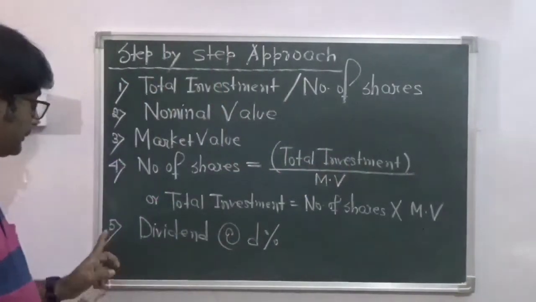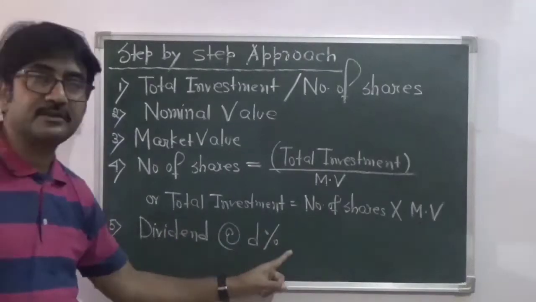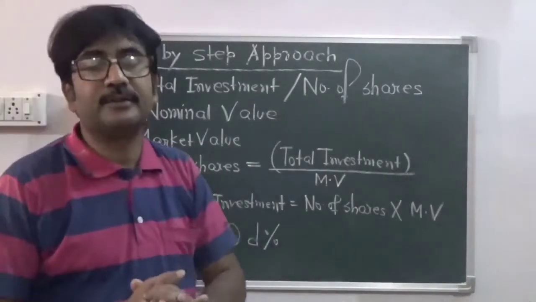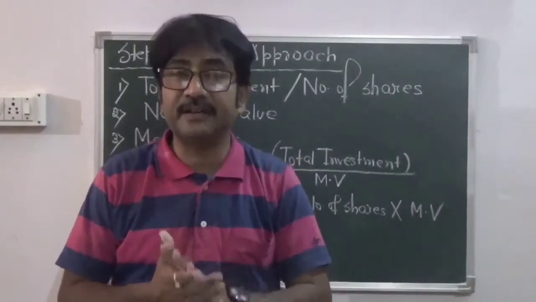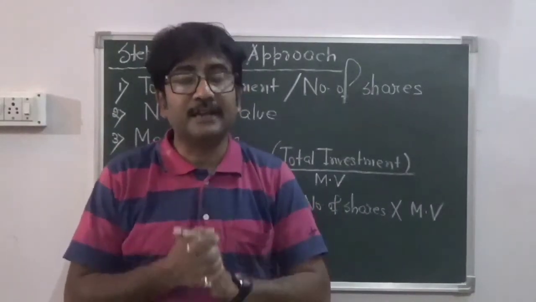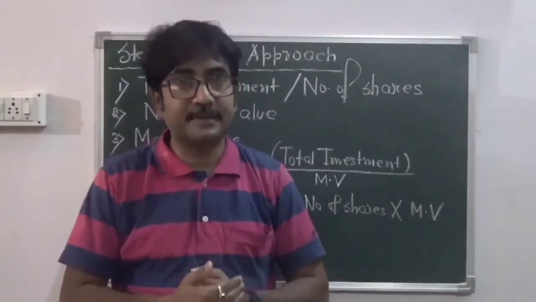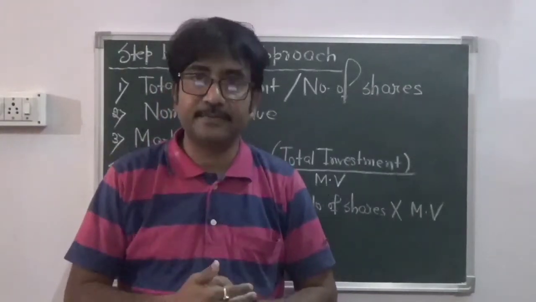Then we come to the fifth part, that is a dividend at the rate of D%. That is the dividend you have to calculate on the face value. Repeatedly I am telling, the dividend, the profit, the earning has to be calculated on the face value and not on the market value. Right?